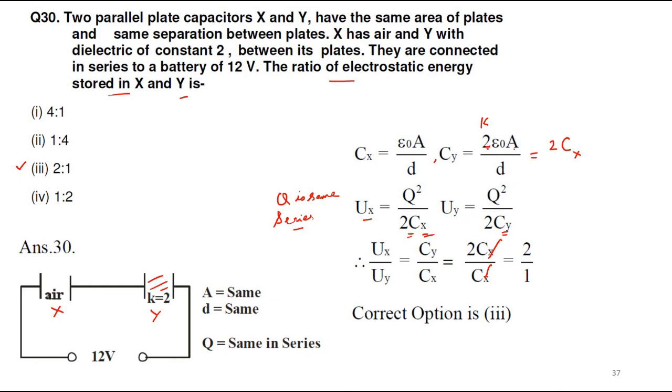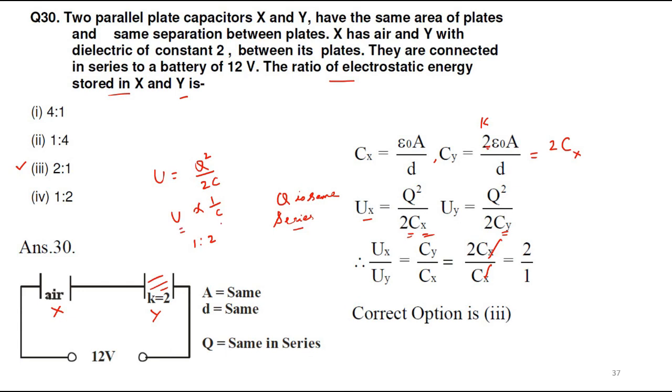So you can write all these steps and verify, or you can think very briefly. See, energy is Q squared by 2C. Because charge is same, you can say U is inversely proportional to C. So ratio of capacitances 1:2.